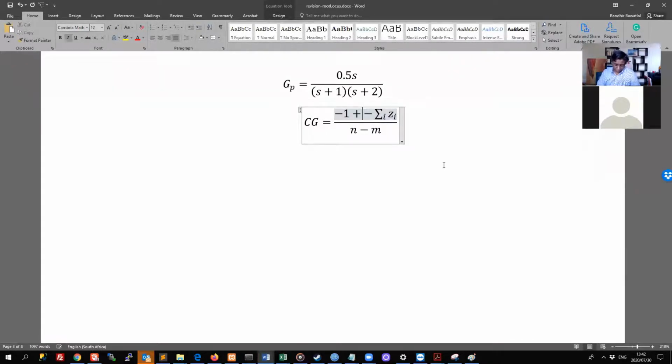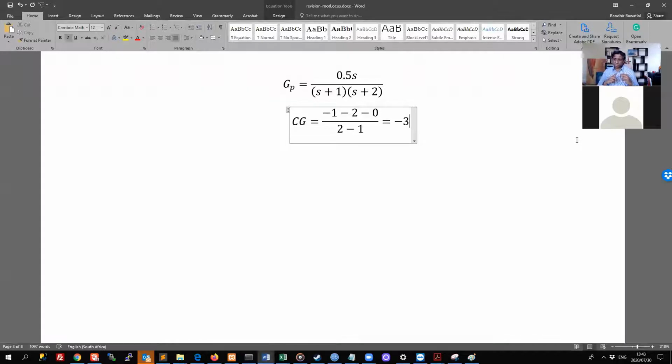So -1 plus -2. Okay, I'm just going to write it as -1, -2. And then the 0 here, and we'll write it in explicitly as a 0. We can see here we have 2 poles and 1 zero. So this is -3 over 1, so we can write that as -3. So we have this so-called center of gravity at -3.